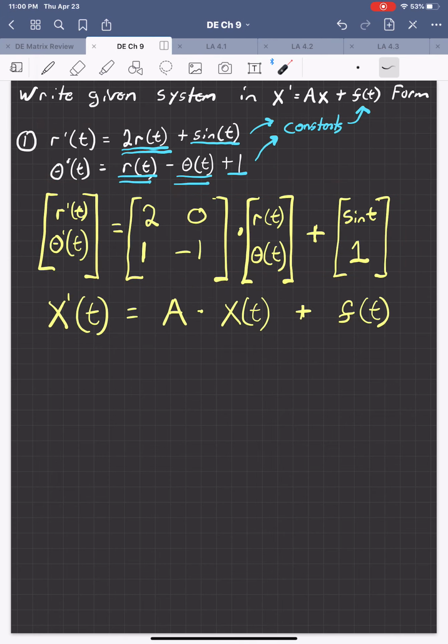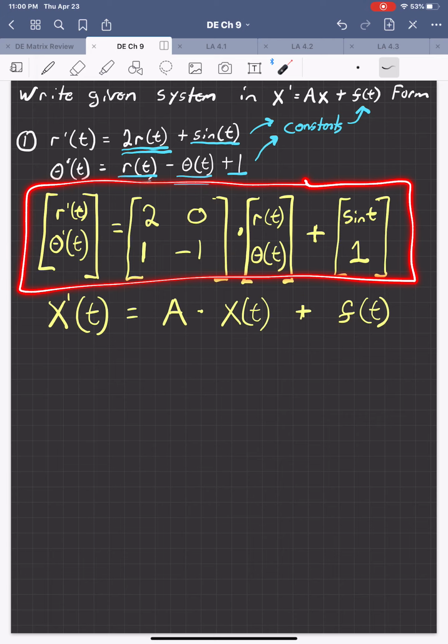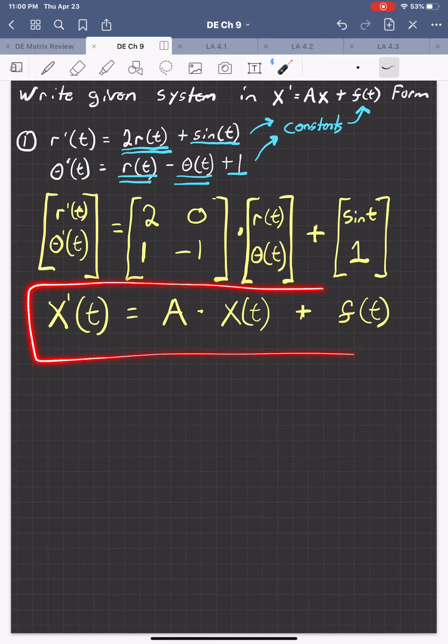In other words, what I'm boxing in right here is the answer, and it is of the form x prime of t equals A x of t plus f of t. All right. So where do we go from here?